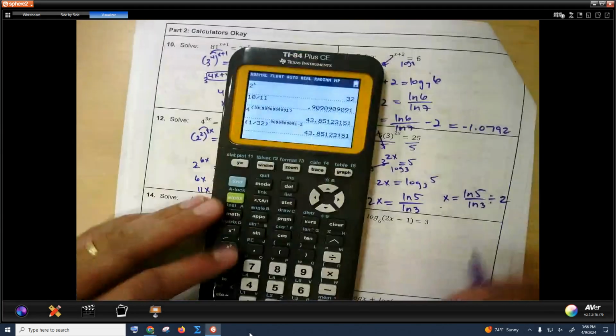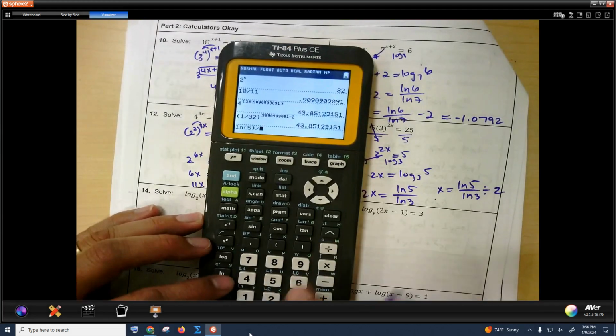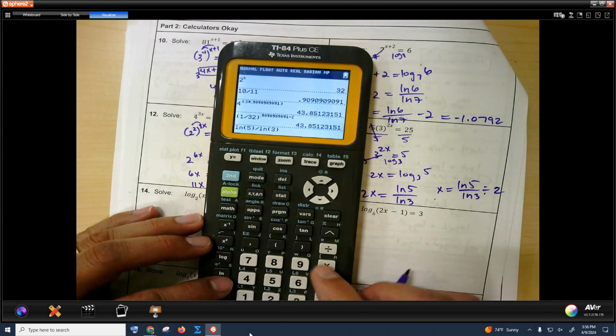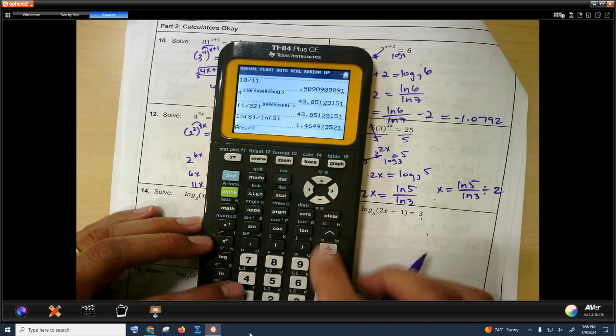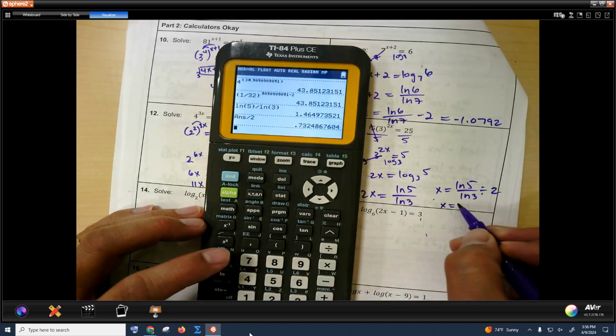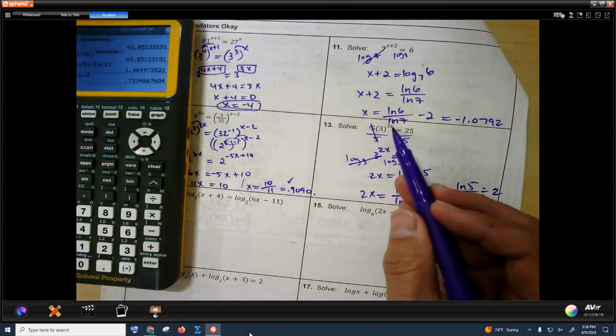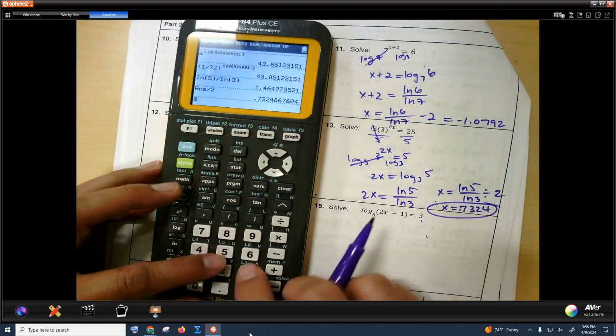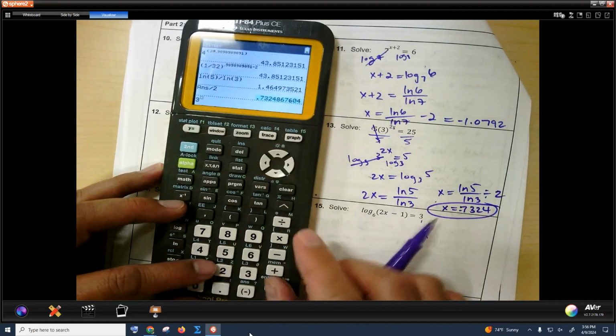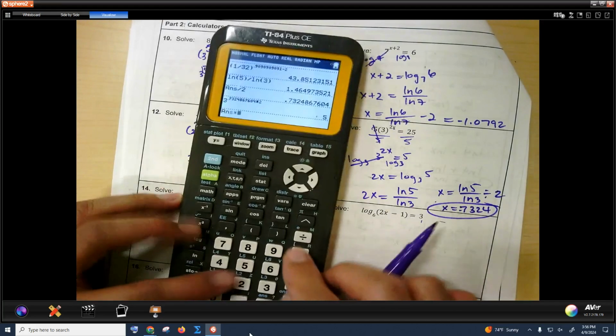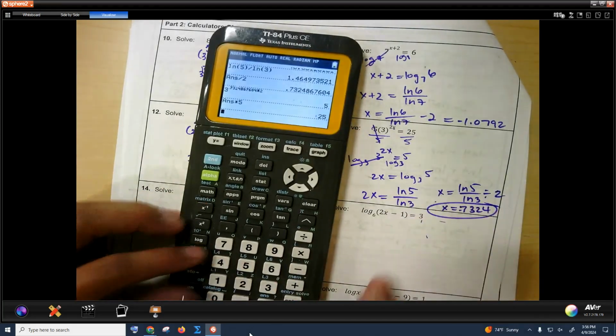Okay, so type this into your calculator. Natural log 5 divided by natural log 3 divided by 2. And then go back and check and plug it back in here. Make sure it equals 25, which it does.